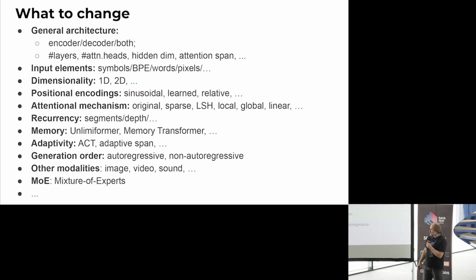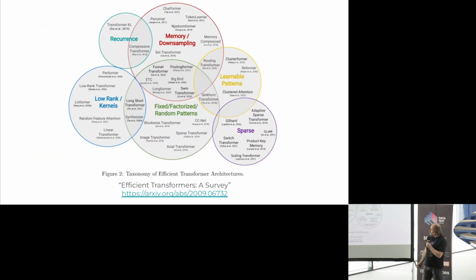There's no sense in explaining everything in this list. It's just a visual representation that it's a big Lego. One of the important directions was efficient transformers, to have linear transformers that are fast enough. I took this picture from a well-known paper.